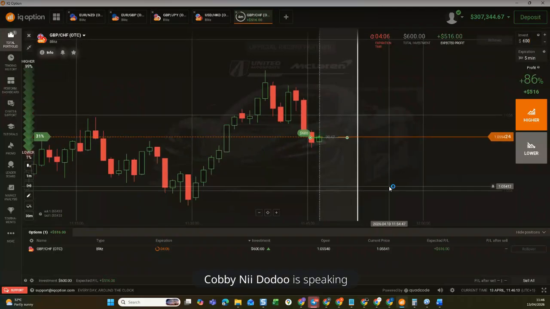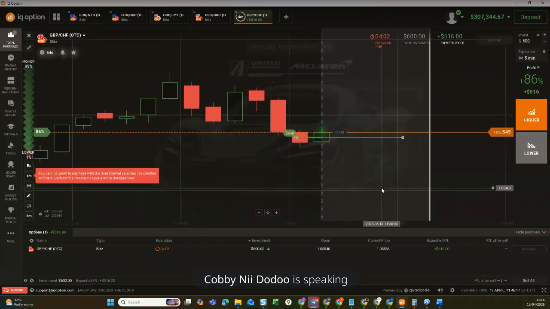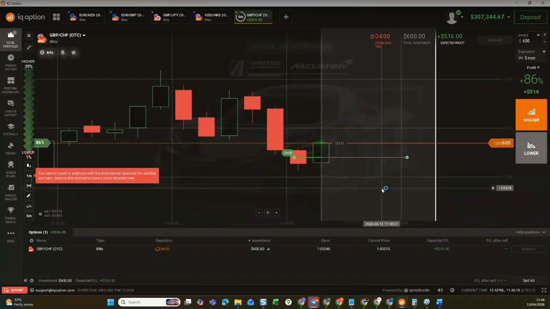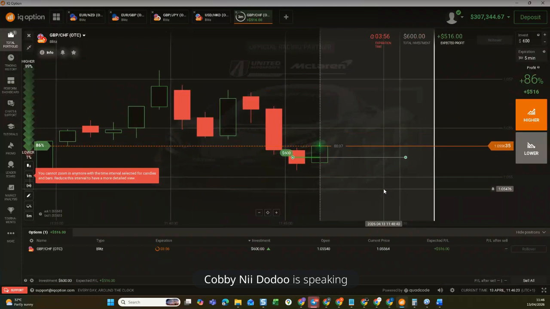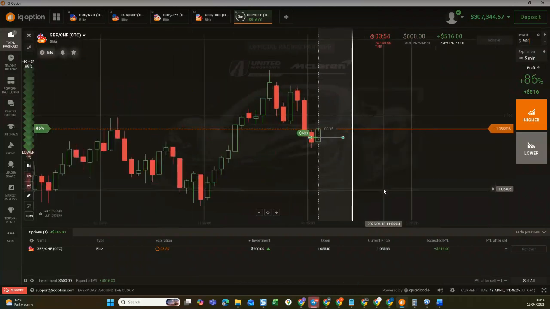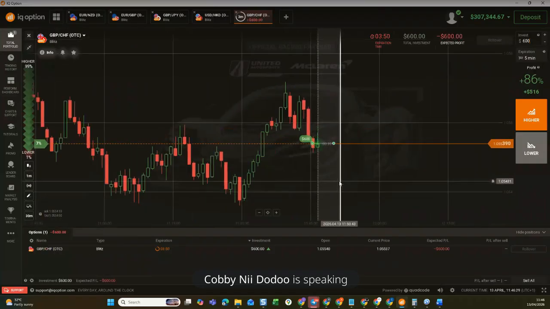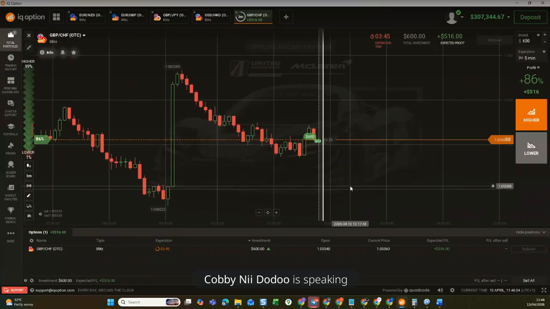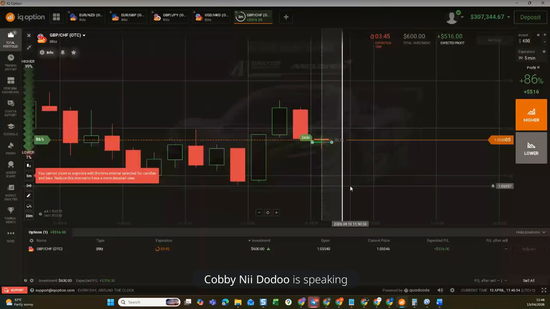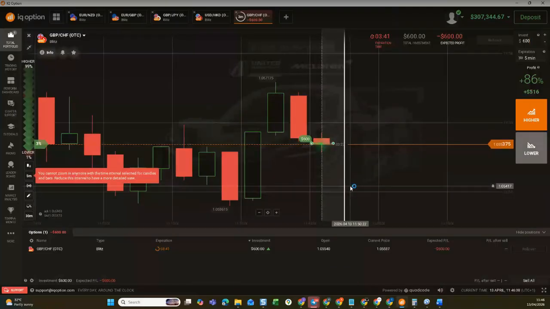So, for example, this buy trade: if I were the one that scanned with the AI and it gave me this buy, I wouldn't be confident to take it. Why, sir?